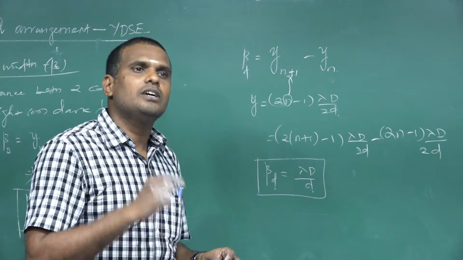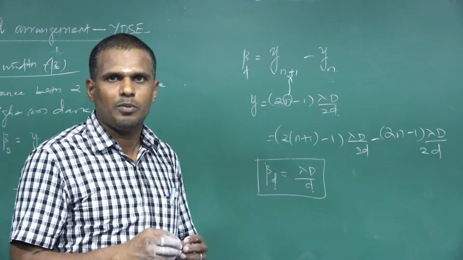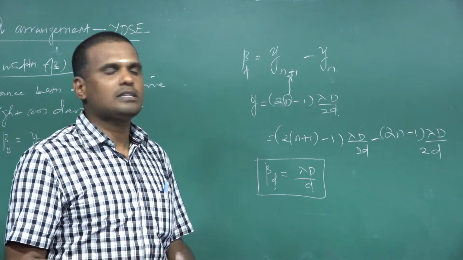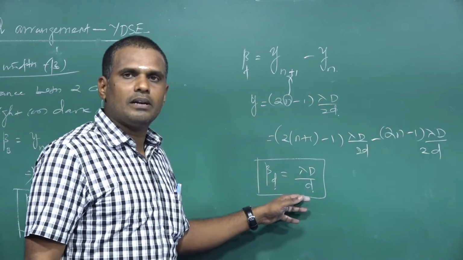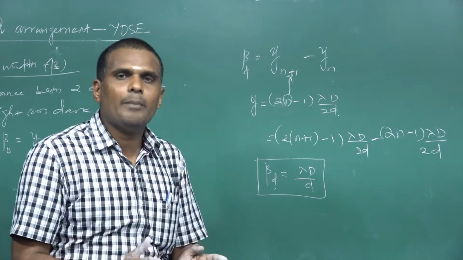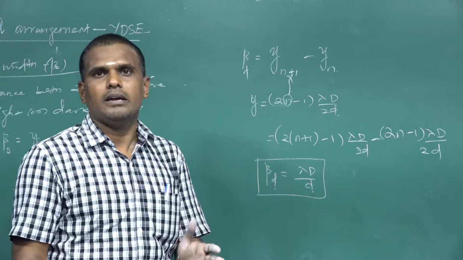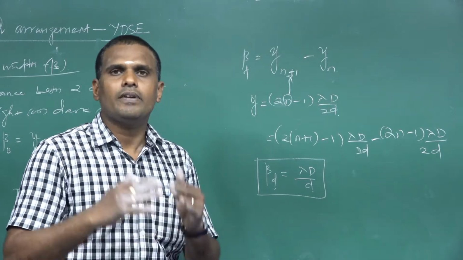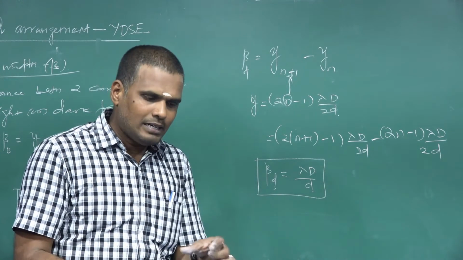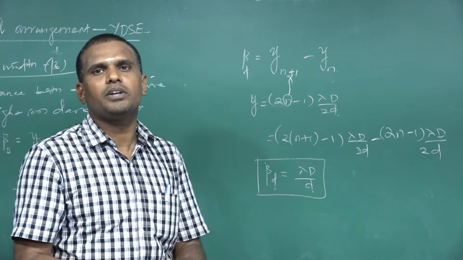Distance of dark fringe, (2n minus 1) lambda capital D divided by 2d. When you are speaking about bandwidth for bright and dark fringes, you can say it is lambda capital D divided by small d. Whenever you measure a bandwidth, it is the combination of a bright and a dark band. When you are speaking about bandwidth, a bright and a dark band must be taken into account.